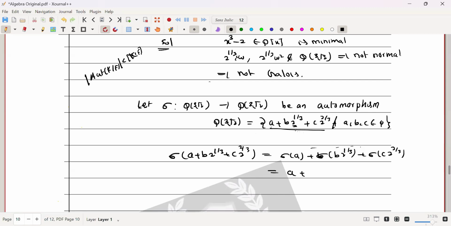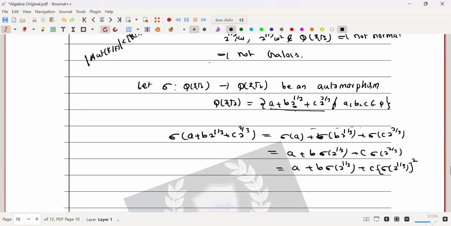So this is a plus b into sigma of 2 power 1 by 3 plus c into sigma of 2 power 1 by 3 whole square, since 2 power 2 by 3 can be written as 2 power 1 by 3 whole square. So we only need to find the image of 2 power 1 by 3.